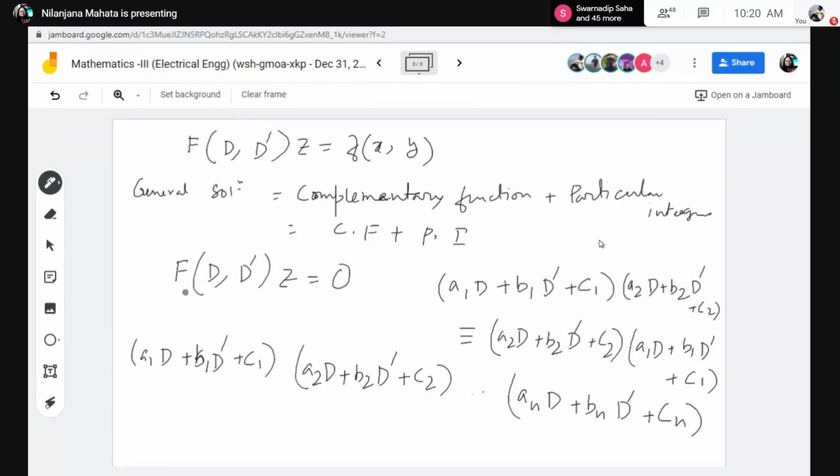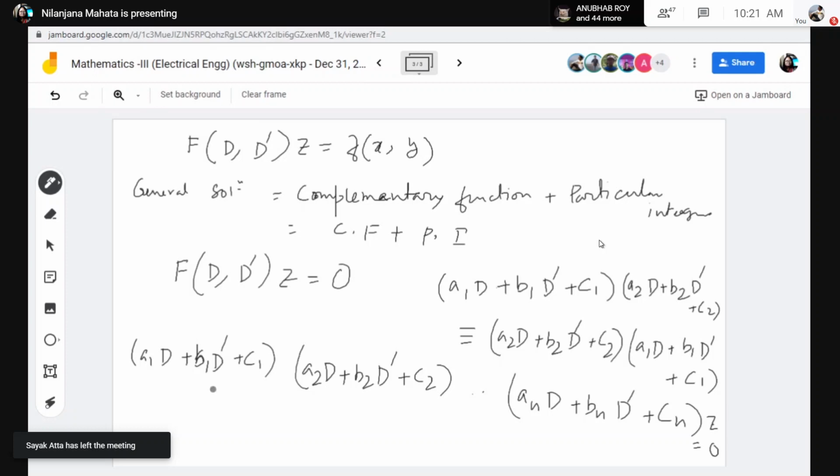This is equal to our F(D, D dash). So there will be n factors. This is equated to 0, operated on Z.